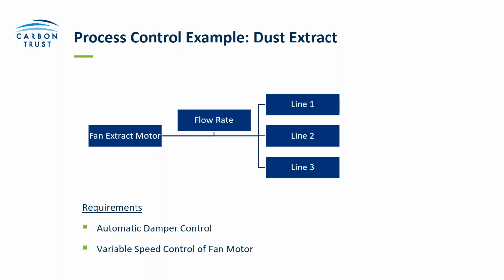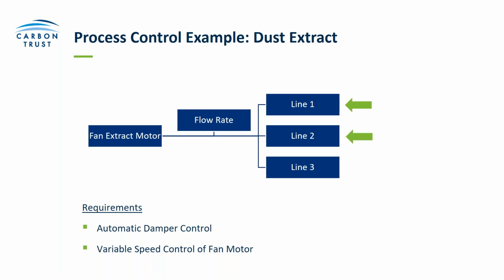So where you have welding systems potentially with local extract, or where you have local extract for soldering systems, if you are able to modulate the use of the fan motor based on the requirement for individual lines or individual processes, then that will provide benefits. So there's no point in having the motor operating at full speed constantly. You want to be able to modulate that flow rate.